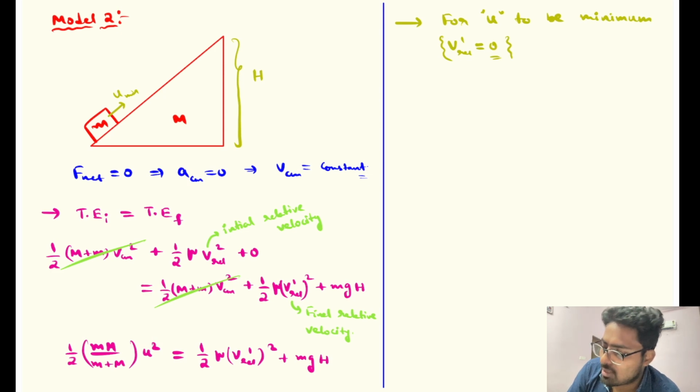So when this is 0, simply half the reduced mass, mu, which is nothing but small m by capital M plus small m, times u. Now I won't write u, it will be u minimum square, because I have kept this value as 0. So u minimum square is equal to what?